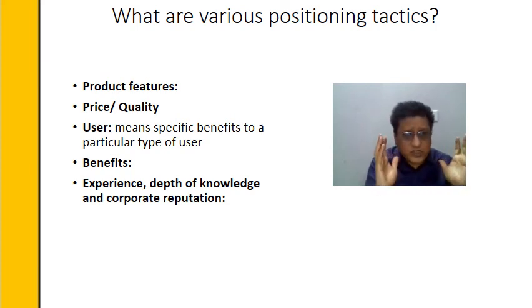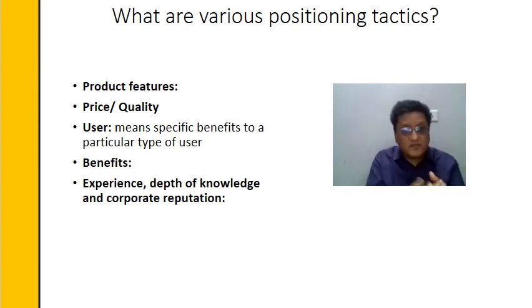Some people position themselves as a seller who has vast experience, depth of knowledge, and great corporate reputation. I remember ExxonMobil used to pride itself as the world's biggest supplier of base oil for lubricants, the biggest lube company in the world. So these are various positions. You can highlight your product features, or you can talk more about your price and quality.